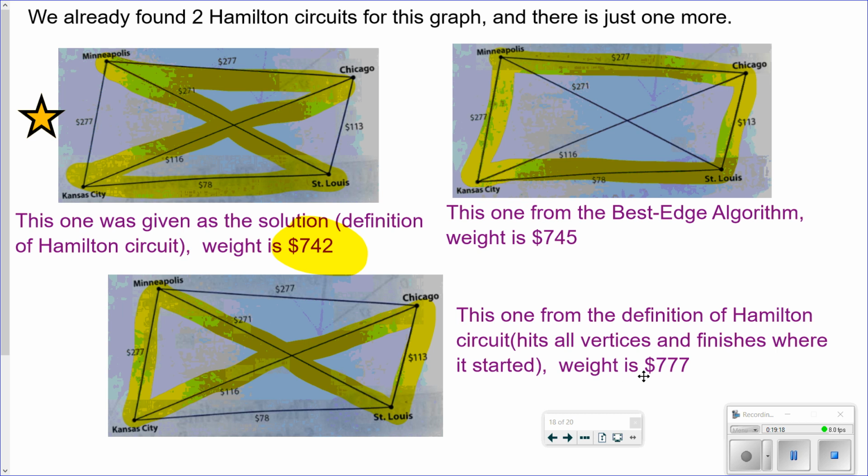But if I calculate its airfare, it ends up being $777, which isn't the best option. So the brute force process would just say, find all the options, calculate their total weight, and the one that's the lowest is the solution to the problem.